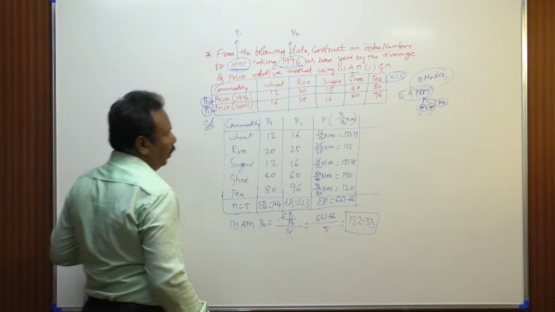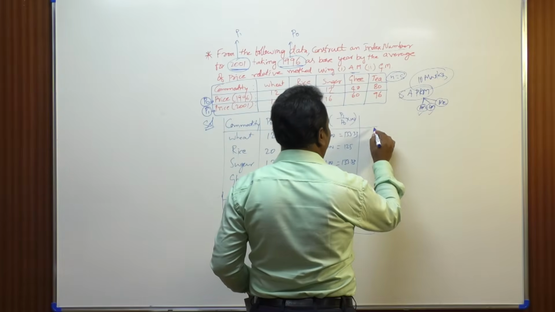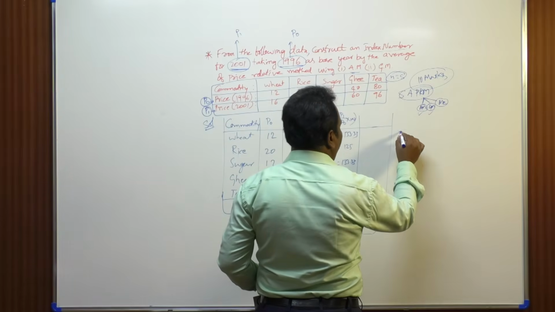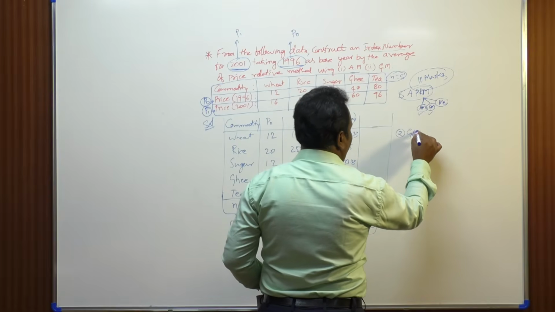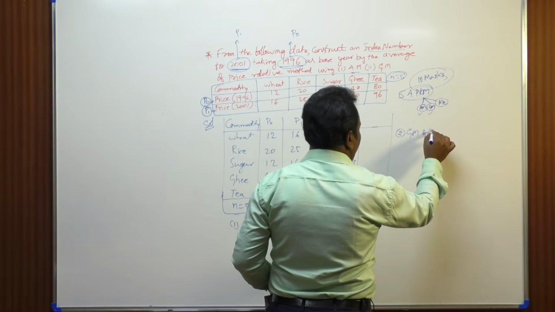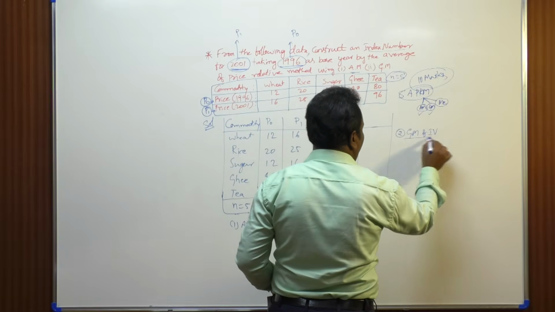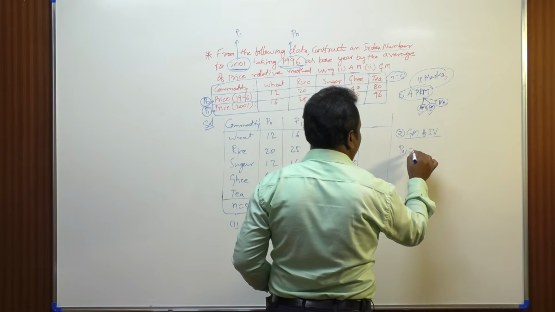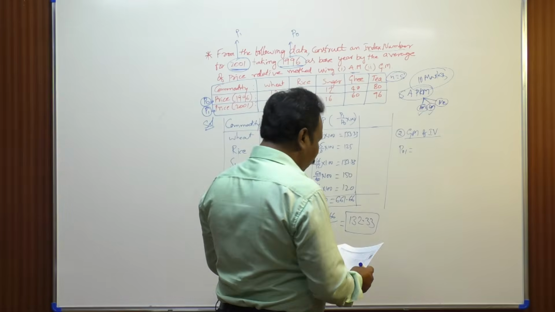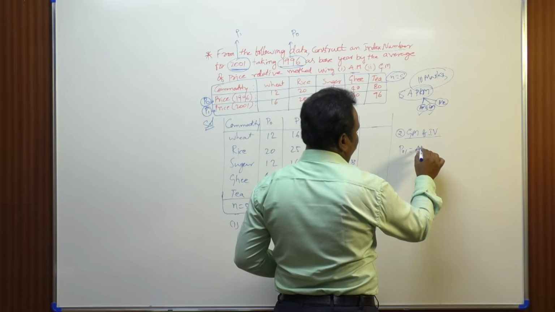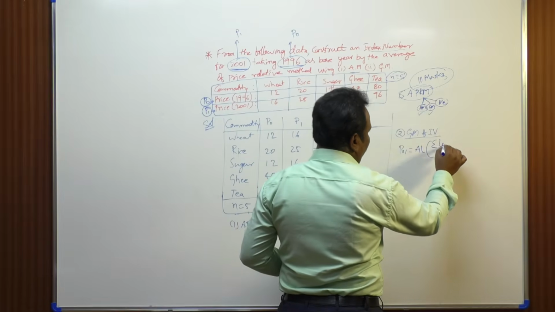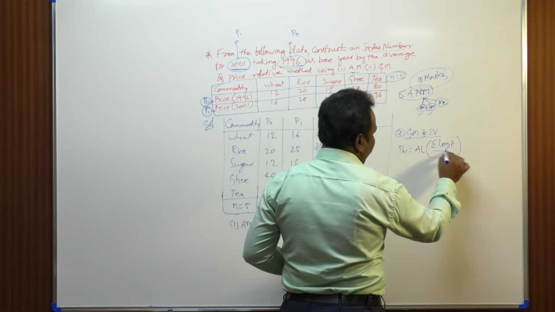Now, the geometric mean. The second one: geometric mean of index value, that is P01 equals, what is the formula? Anti-log of sigma log P divided by n.